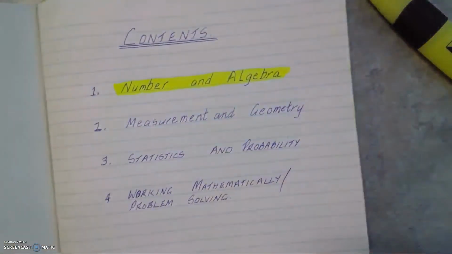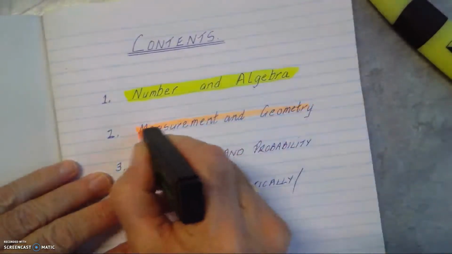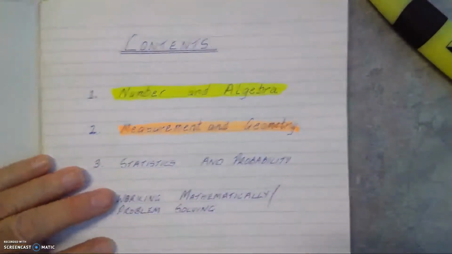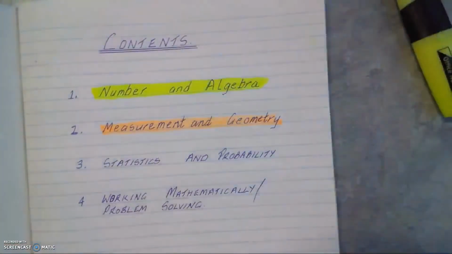So here I am, I've done this bit in orange, as you can see. It's a slightly smaller section, but it's not as large in any textbook as number and algebra are. So what I'll do here is I'll put an orange through that. So now I've got 2 of my sections done.